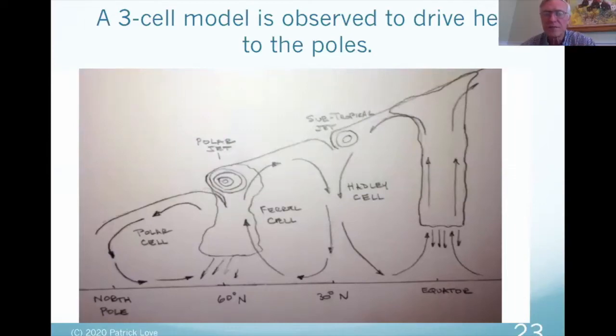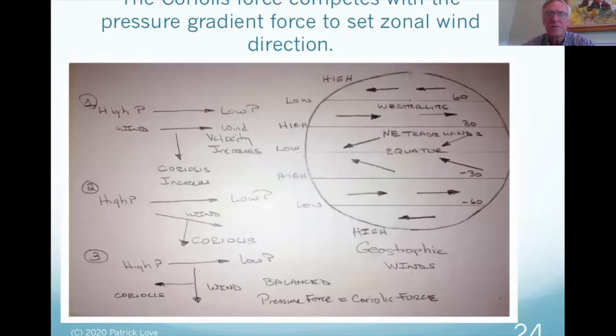One of the things this leads to is a very interesting, rather complicated drawing. Sorry about how complicated this looks. It's really not that complicated. But basically, think about the fact that earlier we talked about the trade winds and the westerlies.